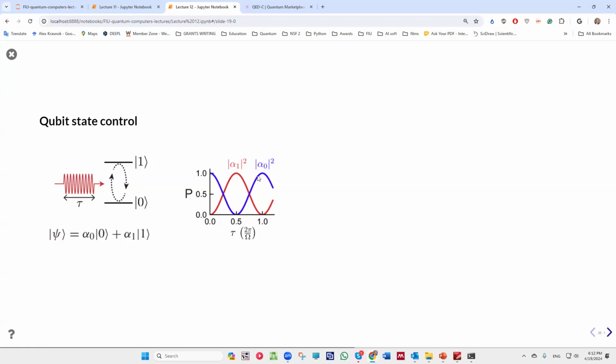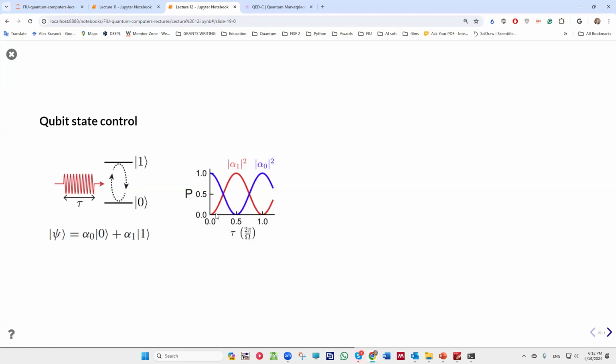This is pretty much how it works on this panel on the right. The red is the state 1 probability, the blue is the state 0 probability. So at the initial time instant, we have the system in the ground state with 0 probability in the state 1.